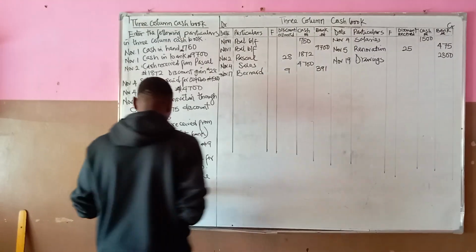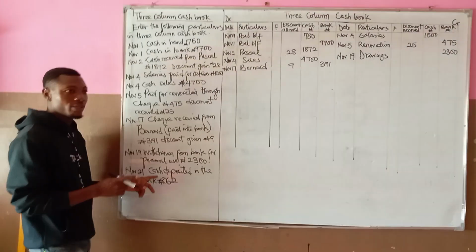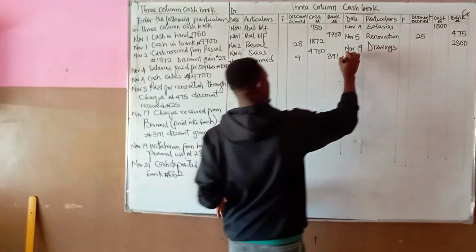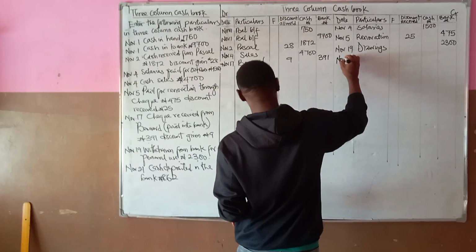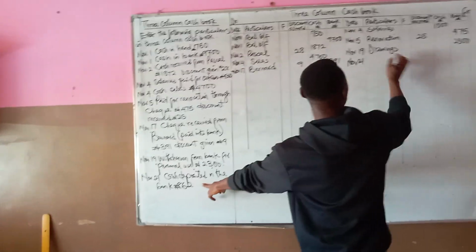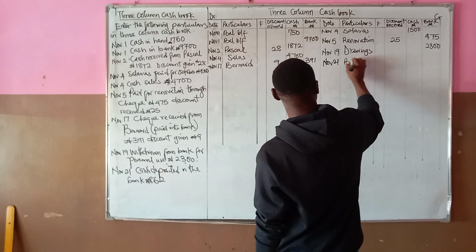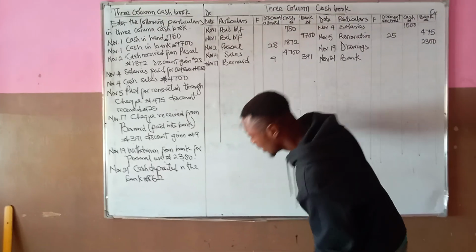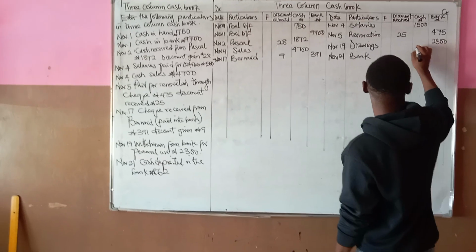Now let's look at it critically. It says cash deposited, meaning that cash is doing what? Reducing. So I have my November 21st. Cash is reducing. So bank, it was paid into bank, and that is 862.